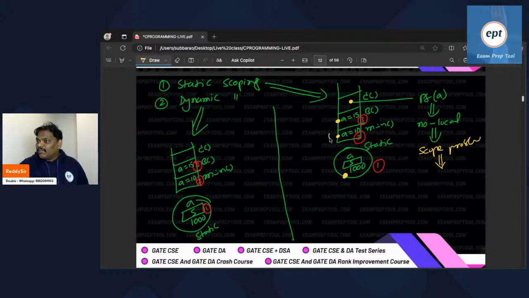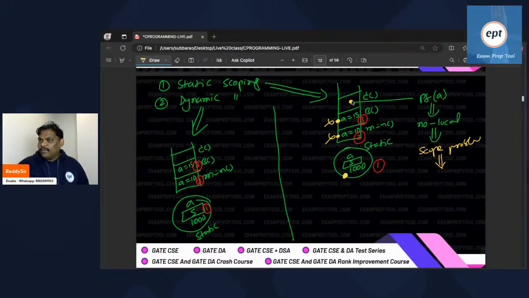Compilation time is available. So the inventor said that for any scope problem during compilation, you please resolve. Very simple line.